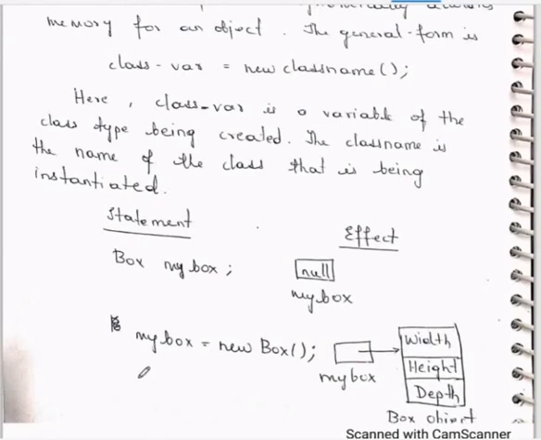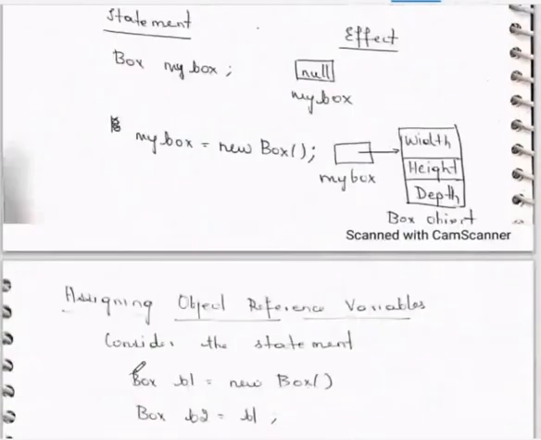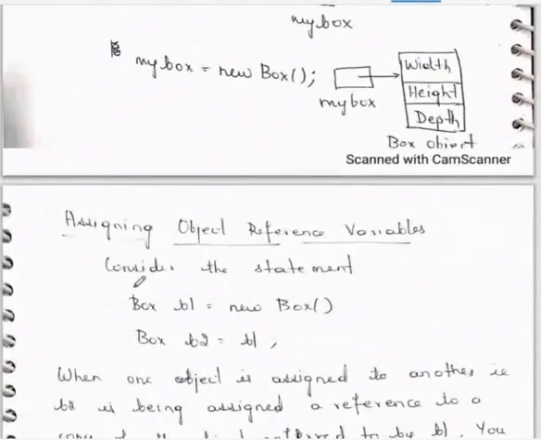Whenever you are doing an assignment operation, please understand that memory is not allocated when you are assigning one object to another. It is actually pointing to the same object. For instance, let's take this one. B1 is one object which is being created, right? Yes, memory is allocated to it.